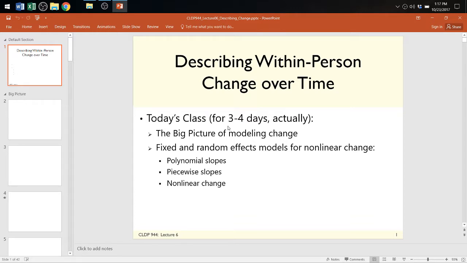Twice the quadratic is how the linear slope changes per unit time.